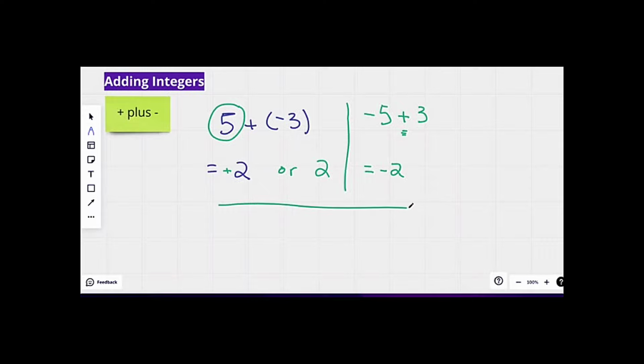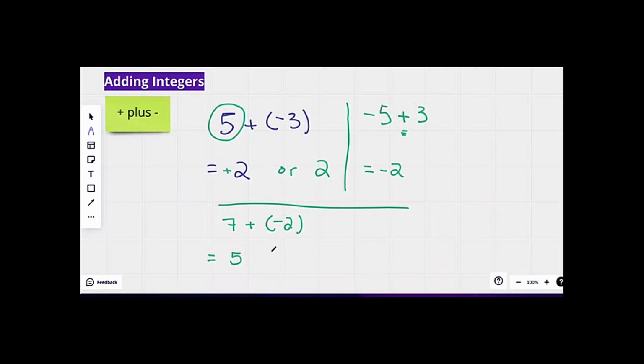Okay, let's do one more. So let's do 7 plus negative 2. Step number 1, forget about the signs. We're going to subtract the smallest number from the highest number. So what is 7 minus 2? Well, 7 minus 2 is a 5. Great. Got that number right.